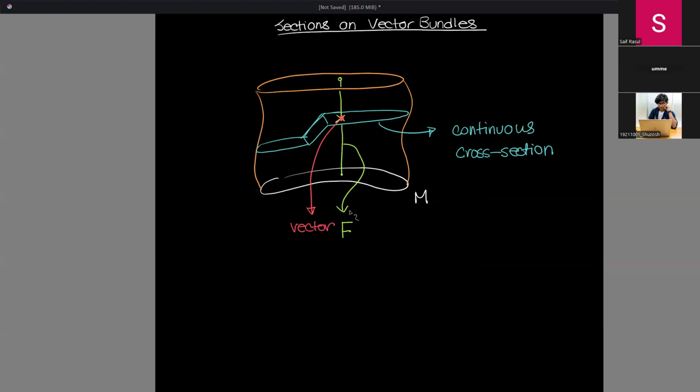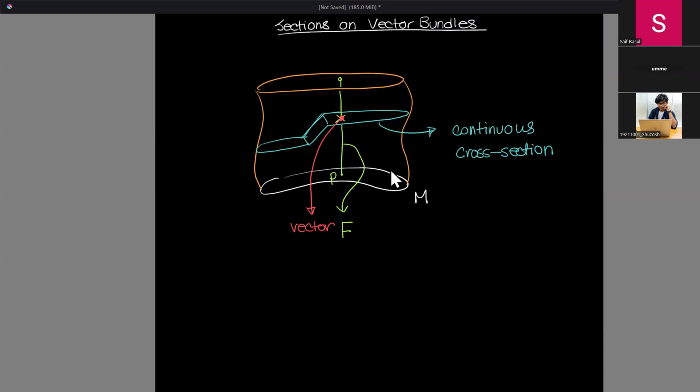And what it means, and since we know that every point on the manifold has an associated fiber, we know that each fiber is going to intersect with that blue surface at some place. And we're going to choose one of the vectors in the manifold on every point using each of the points on the section.